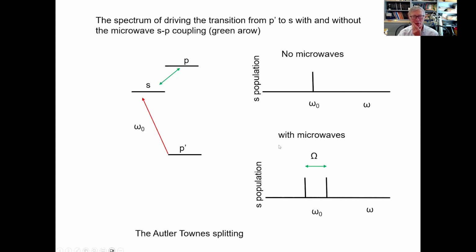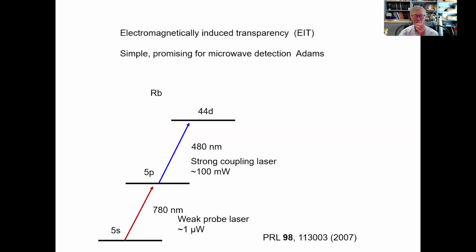If I now add the microwaves, coupling S and P, this single line turns into a pair of transitions, which are spaced by omega, which is often also called the Autler-Townes splitting. This is the same as the Rabi splitting. Okay, so this concept turns out to be important for us several times in electromagnetically induced transparency.